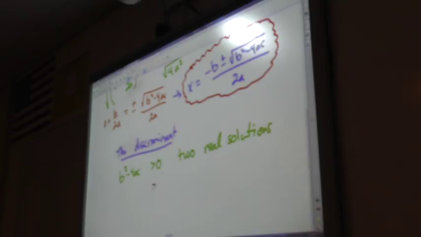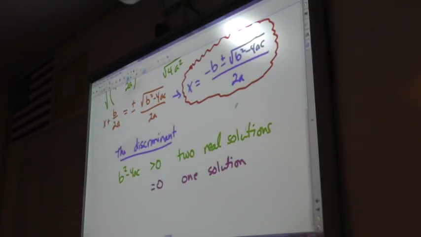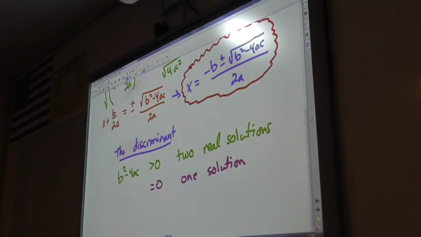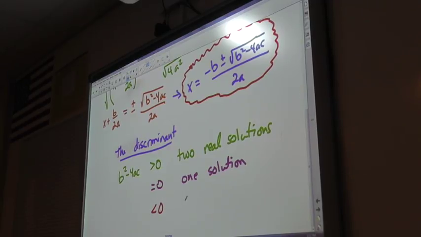Well, that's just nothing, you stay the same. And if it's negative, you have imaginary solutions to problems that don't exist. So you have two complex solutions.